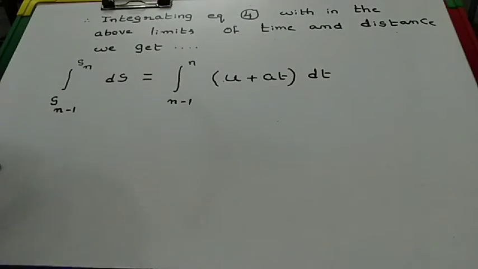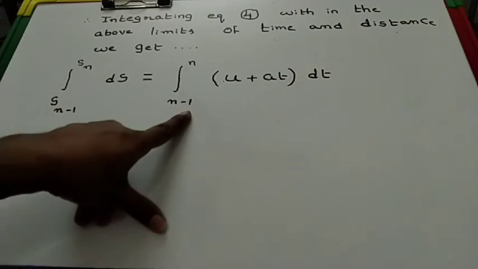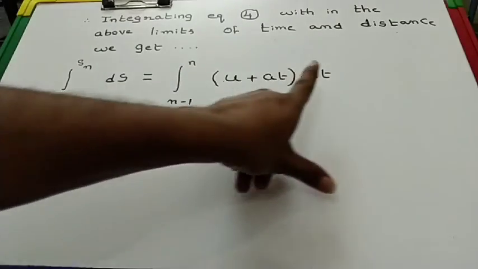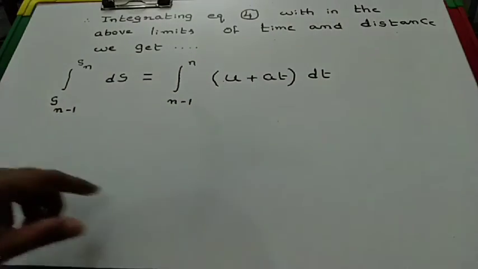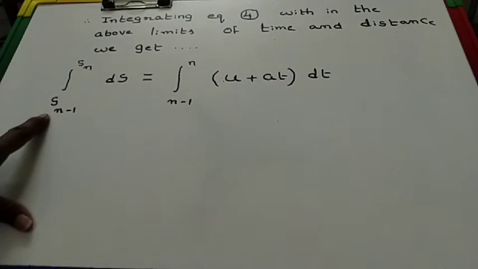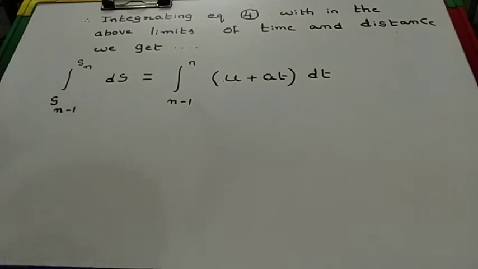Once again, here the time is n minus 1 second and the time is n. Differentiation is dt. Here it is the distance ds. The distance is equal to Sn minus 1 distance and Sn distance.